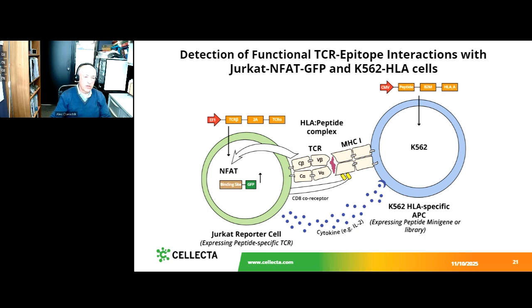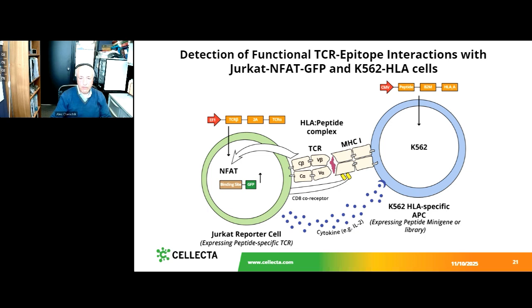We knock out the endogenous T cell receptor in these cells and introduce CD8 molecules in order to convert Jurkat cells to CD8 cells. You can clone in individual constructs, as shown on the top of this slide, or a library of T cell receptors, in order to create a library of T cell receptors in Jurkat reporter cells.